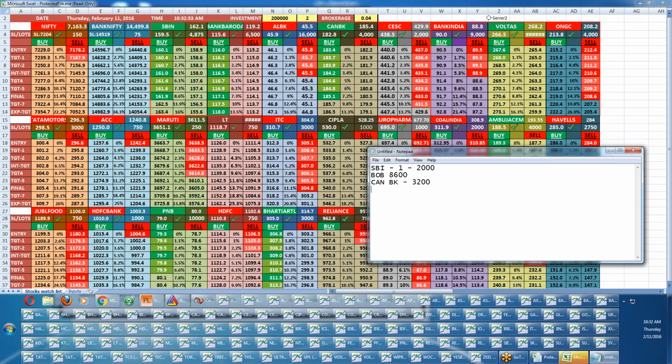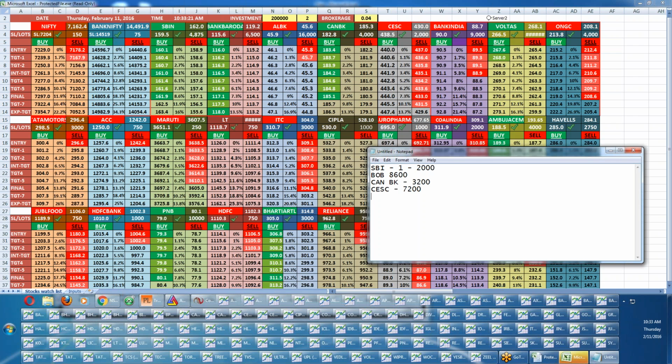CSE we have a sell call. 437 is your entry. Now it is at 429.80. That's around 7 rupees 20 paise. The lot size is 1000 rupees. So that's around 7200 in CSE.